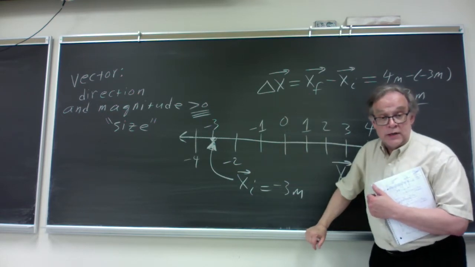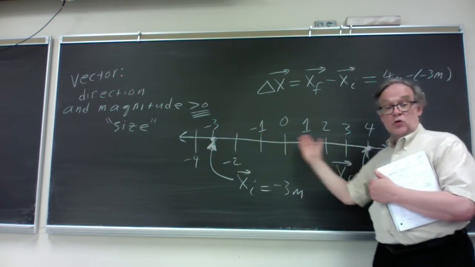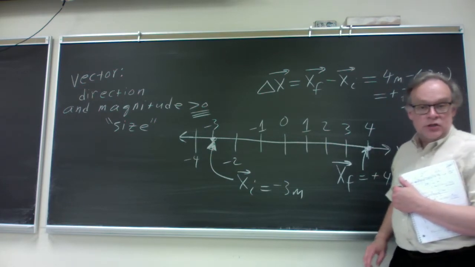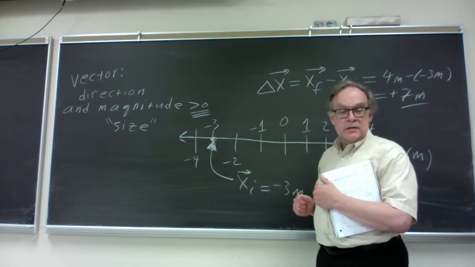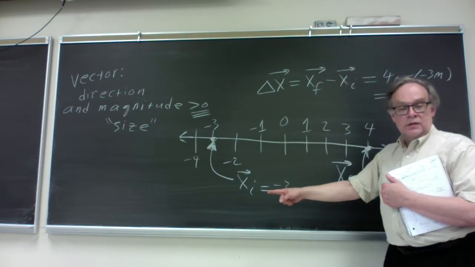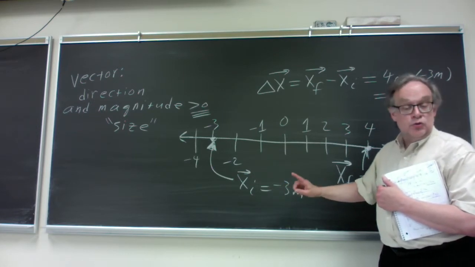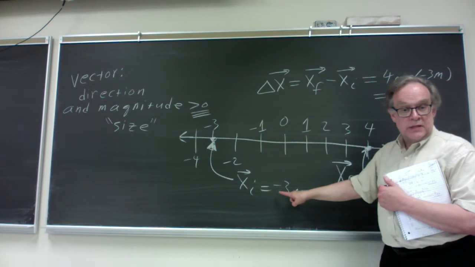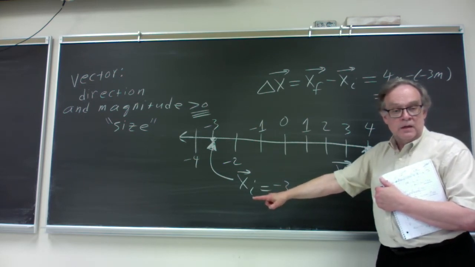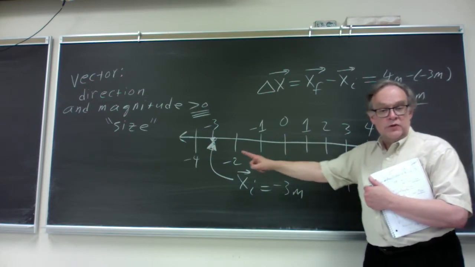So just for one example, in one-dimensional motion, something moving back and forth along some straight line, if the initial location is here at minus 3 meters, the initial location vector is minus 3 meters, where the direction is represented by the sign, which means in order to get to this point, if you're starting at the origin of the coordinate system, you have to move in the negative direction.